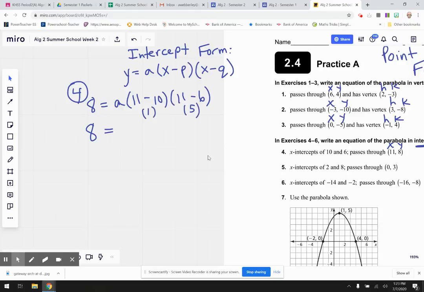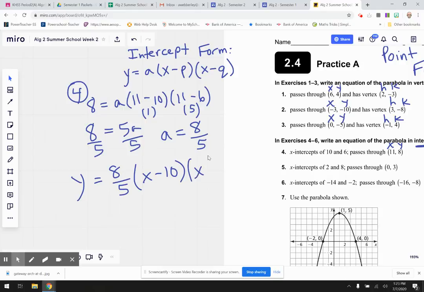So it's 5 times 1 is 5 times a, it's just 5a. So just divide by 5, and you get your answer of a equals 8/5. So your equation then is y equals 8/5 times x minus your first intercept times x minus your second intercept.